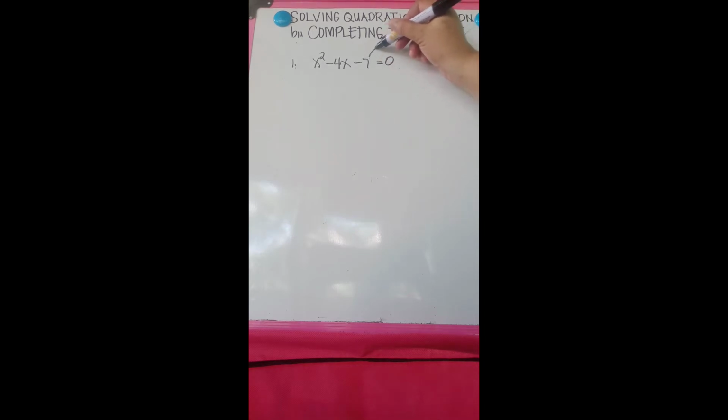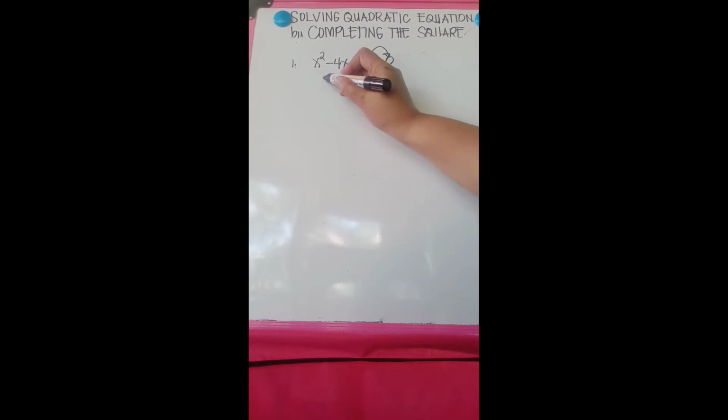So, ito lang, ililipat natin sa right side of the equation. So, from negative, magiging positive 7 na siya ngayon. And then, the left side of the equation will be x squared minus 4x.